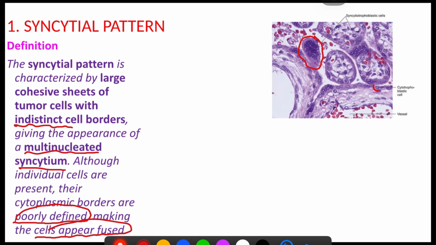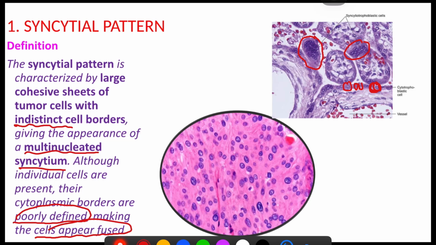Cytotrophoblast, by contrast, has a distinct cell border. So here you can identify the difference between syncytiotrophoblast and cytotrophoblast. Cyto means properly visible cell borders, whereas syncytiotrophoblast has indistinct cell borders. This is called syncytial pattern.